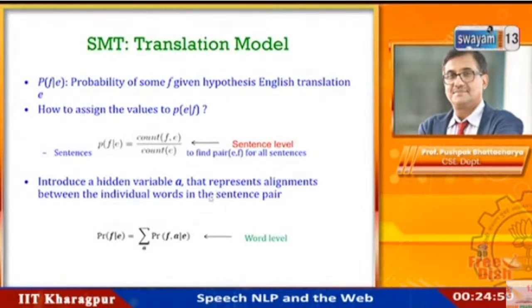So alignment has played such an important role in machine translation. It has stayed in all paradigms, rule-based, statistical, neural, everywhere alignment has stayed. So alignment essentially means establishing correspondence between the text elements on both sides of the parallel corpus and growing those correspondences for bigger text chunks.